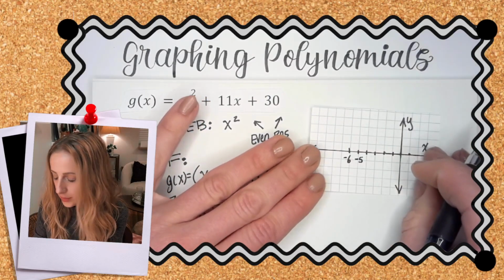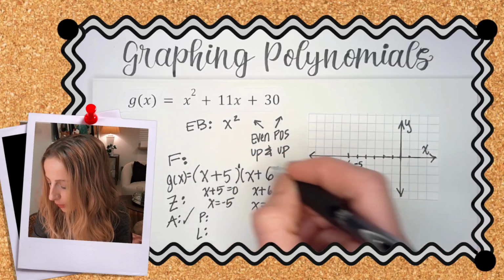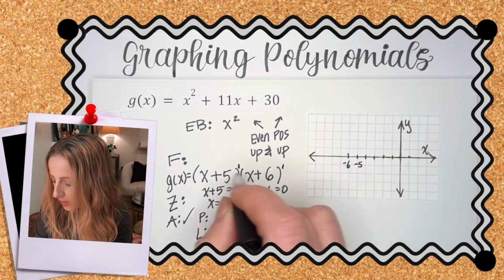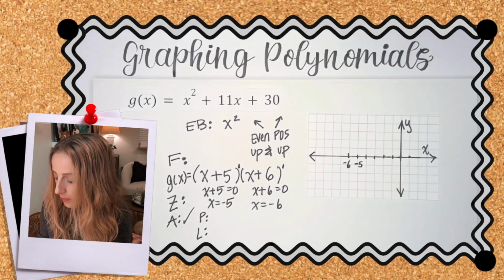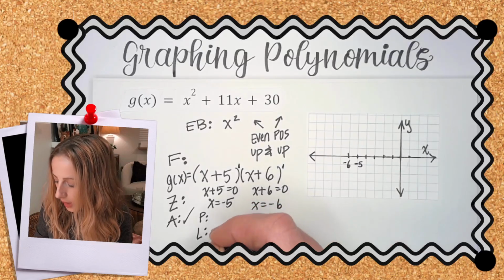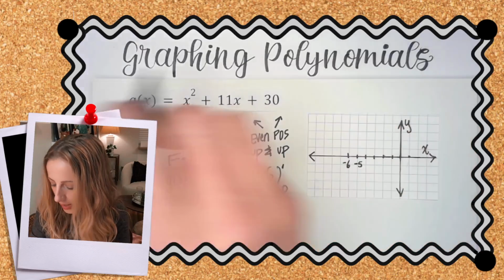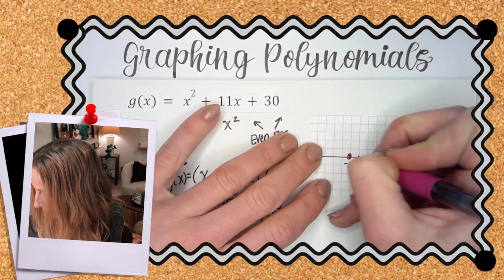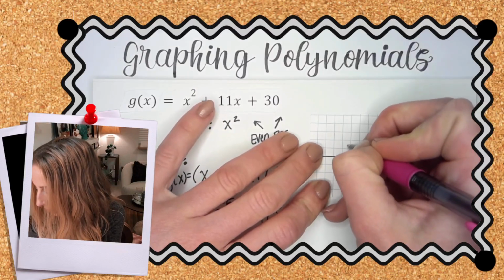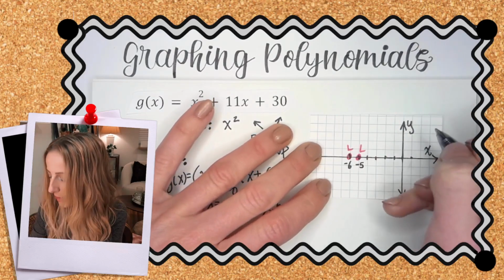I don't label my y-axis, but I'm also going to label them with their local behavior, which I figure out by going back up to my factored form. These are both to the first power on the outside of the factored form, so they're both going to be linear local behavior, linear and linear. So as I plot, I'll also label, so it's right there and right there. I'm also going to label them with an L for my linear behavior at each of those places.